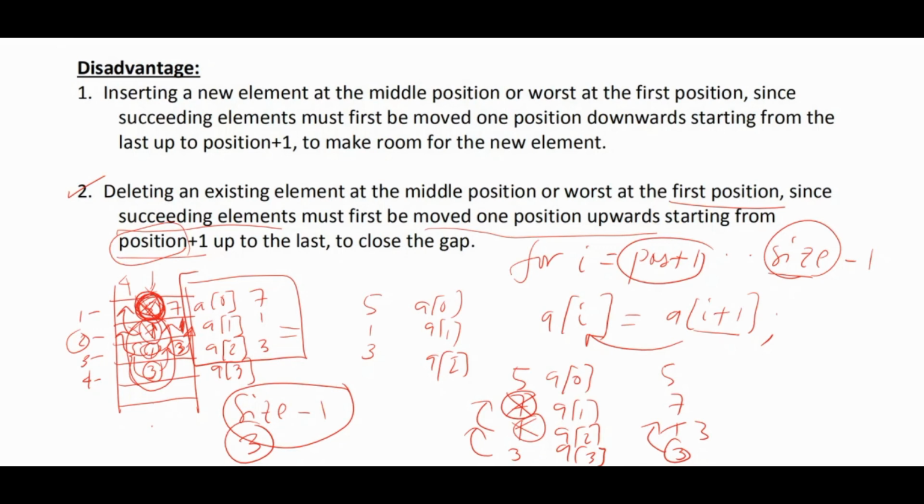If you delete the second element, you're going to move size minus 2 elements. So 4 minus 2, so only 2. If you're going to delete the position of 1, you're going to move only 1, and that is 3. So the worst is at the first position, and that is the time when you are going to move the maximum number of elements, and that is size minus 1.